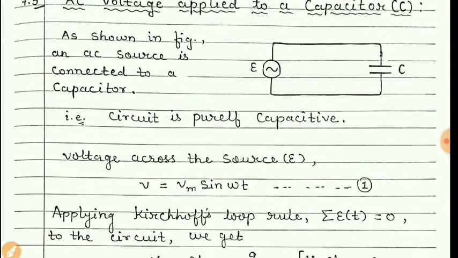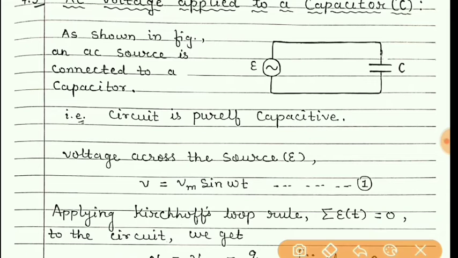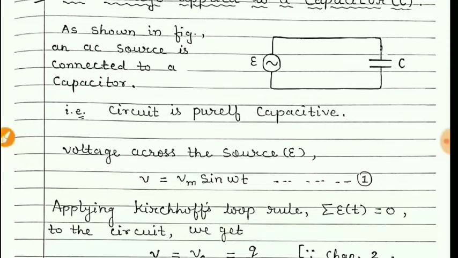Now considering the circuit to be purely capacitive, and then a similar process which we have applied for the inductor. Students, in our first lecture we connected a resistor between these 2 points.